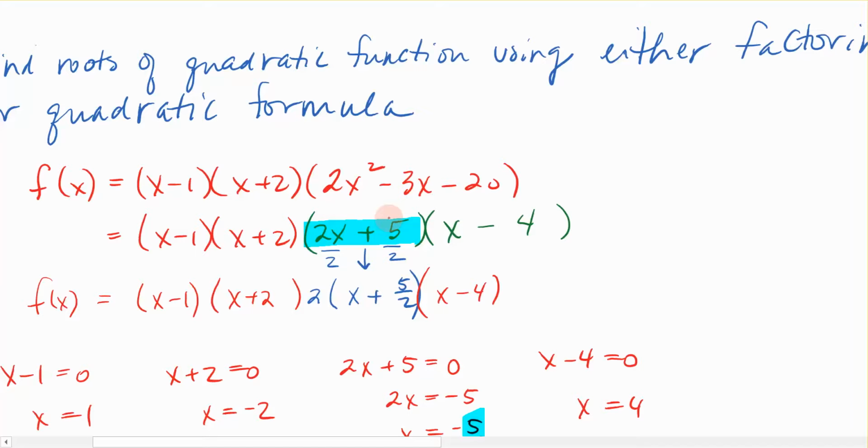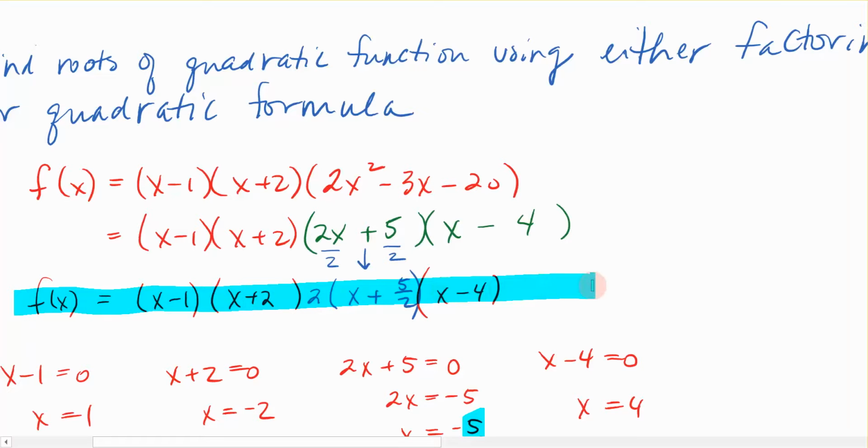So technically, what MyMathLab is asking you to give or provide for a solution in its factored form is this portion right here. Notice that all of the x's in those groups of parentheses have a coefficient of 1.